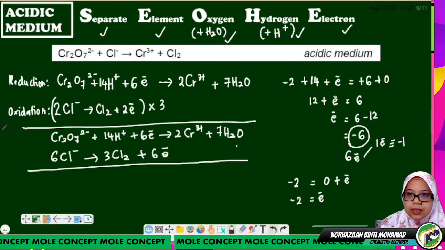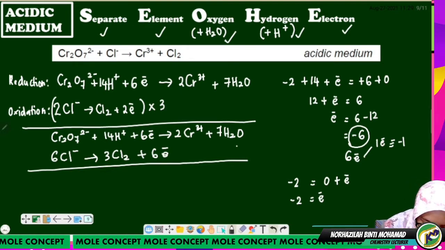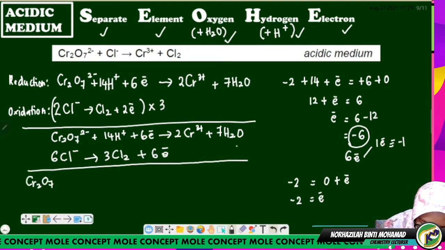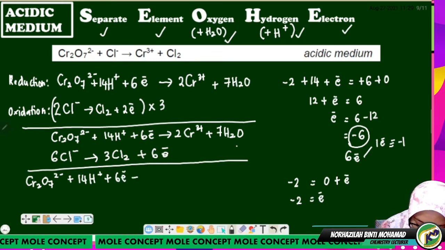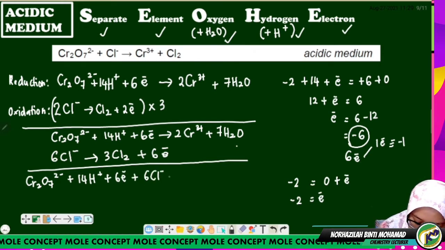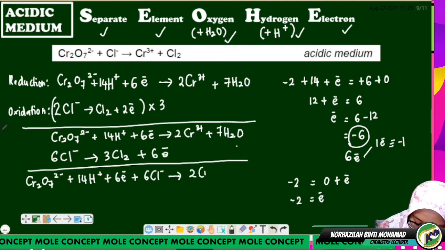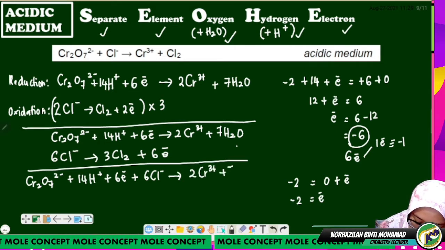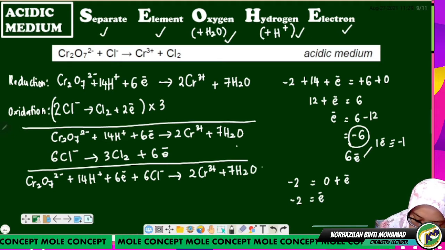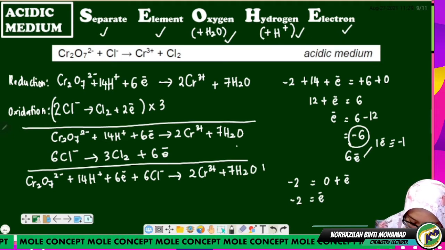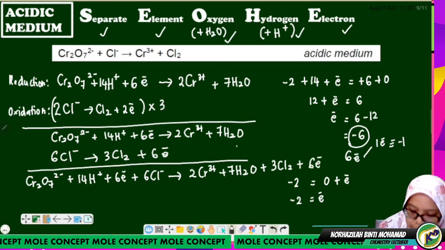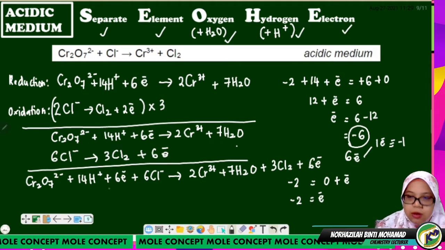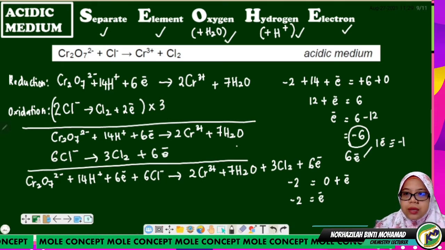The reactant is reactant and product is product. So I have Cr2O7 2 minus plus 14 H plus plus 6 electrons plus 6 Cl minus, produce 2 Cr3 plus plus 7 H2O plus 3 Cl2 plus 6 electrons. Any species that appear on both sides, we have to cancel.